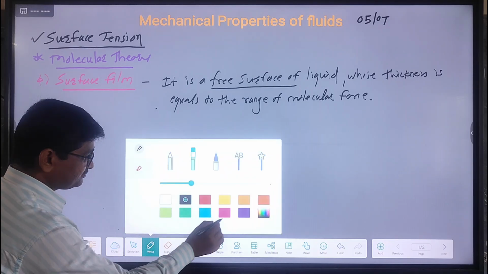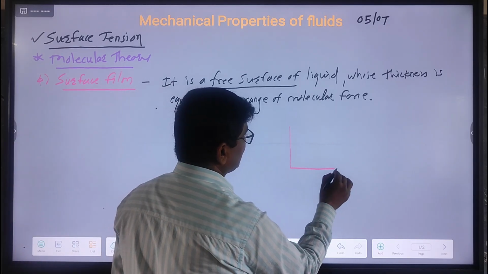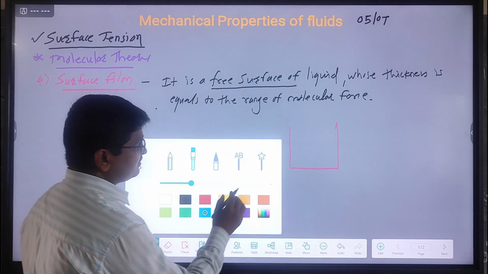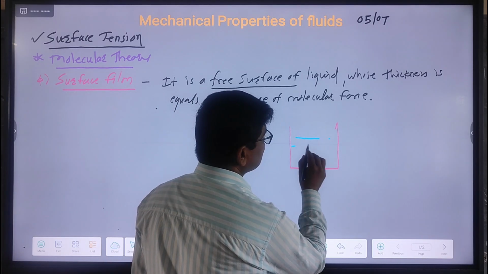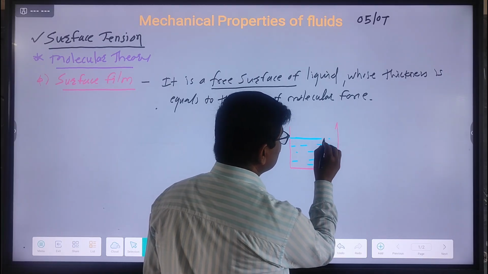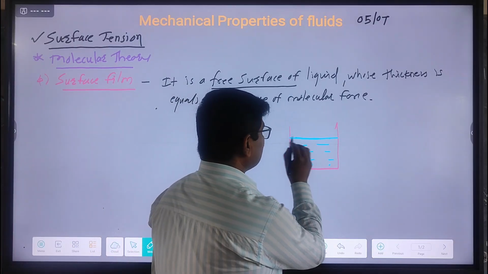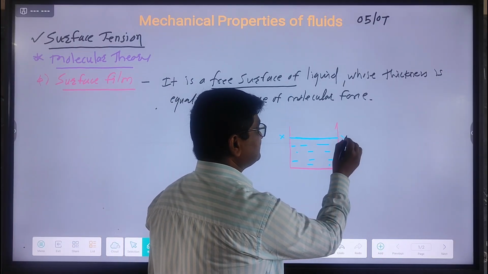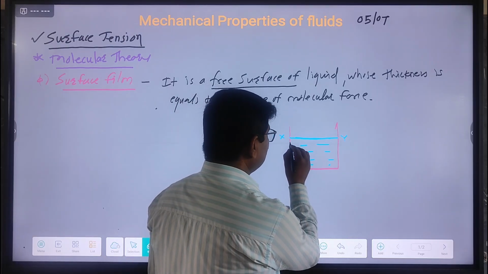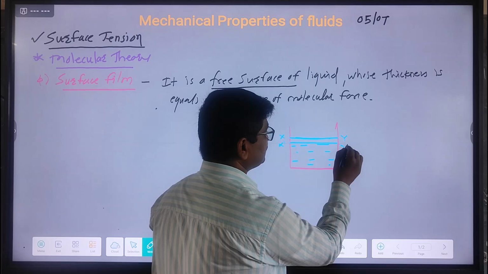Let's see here. Imagine this is a container, and we take a liquid in it. Imagine that this is the free surface of liquid, denoted by XY. Just inside the liquid we draw another parallel line, X dash Y dash.